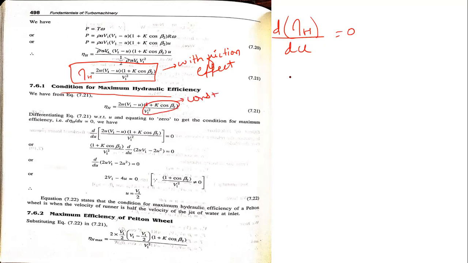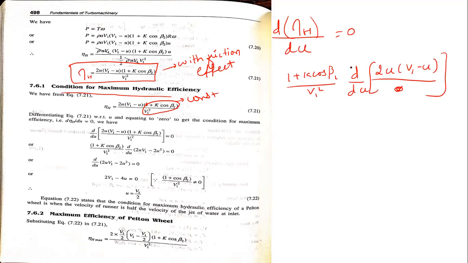So I can write it as 1 plus k cos beta 2 whole divided by V1 square into differentiation with respect to u of 2u (V1 minus u). So first you multiply this inside. That becomes differentiation with respect to u of 2u V1 minus 2u square.